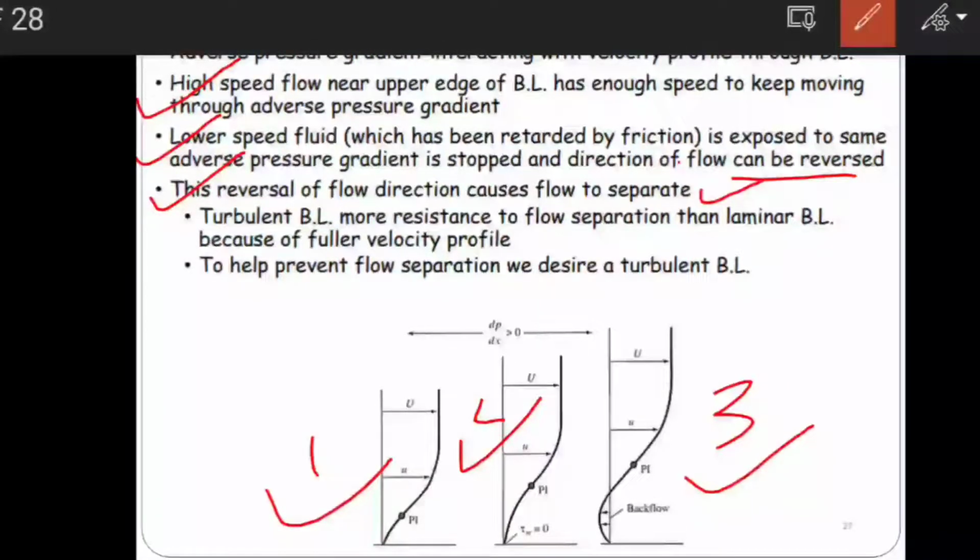Obviously I need to avoid this type of condition, so there is a method to avoid flow separation. We can use a turbulent boundary layer, because the turbulent boundary layer has fluid particles with more energy, which energize the low energy fluid particles sticking to the surface of the airfoil. That is called a boundary layer control method.